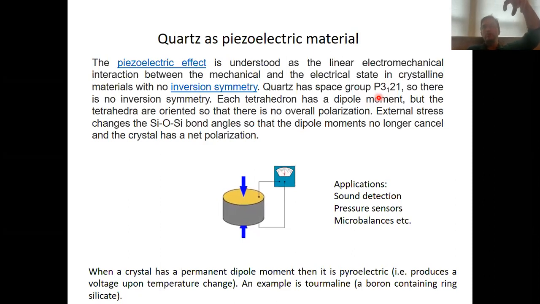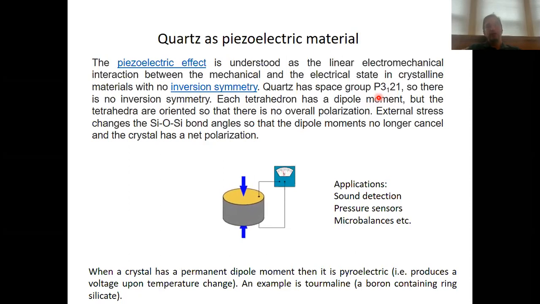Okay, so there is no overall dipole moment in the crystal, but as soon as you apply a pressure to two opposite crystal faces, these two dipole moments don't cancel out exactly anymore, resulting in an overall dipole moment within the crystal.